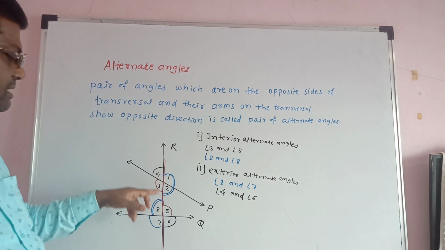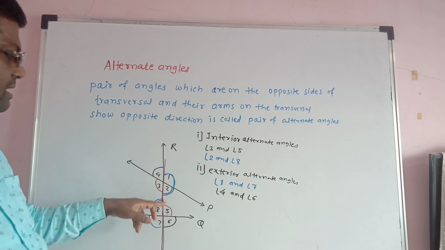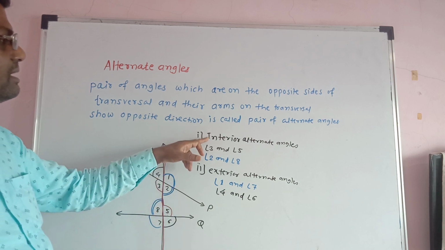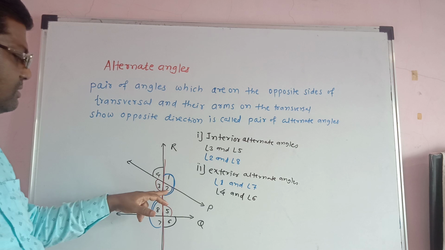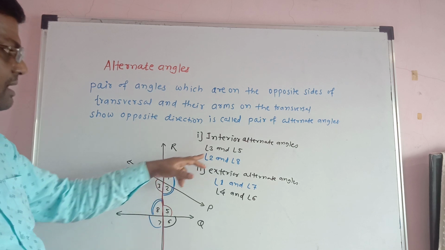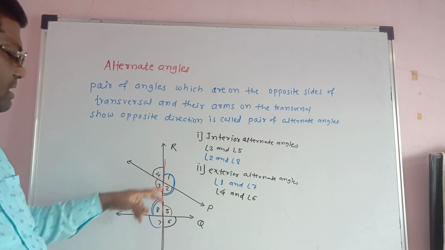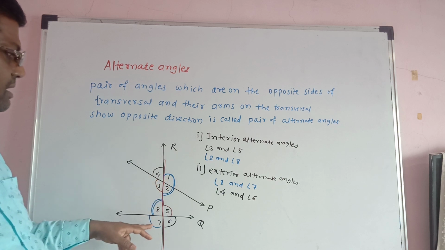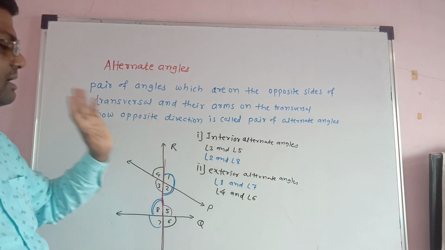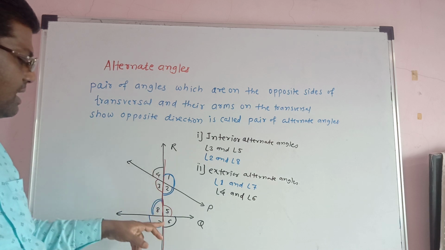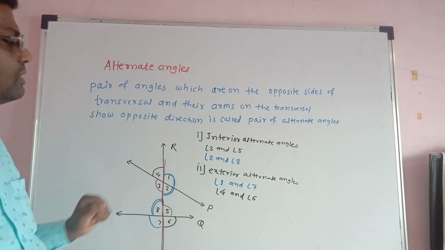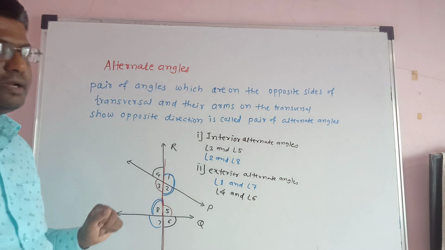Therefore, angle 3 and angle 5 are interior alternate angles. Angle 2 and angle 8 are also interior alternate angles. Angle 1 and angle 7 are exterior alternate angles. Angle 4 and angle 6 are also exterior alternate angles.